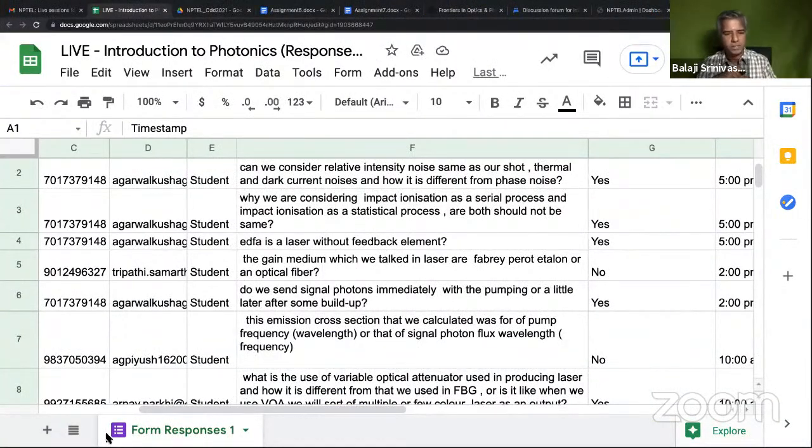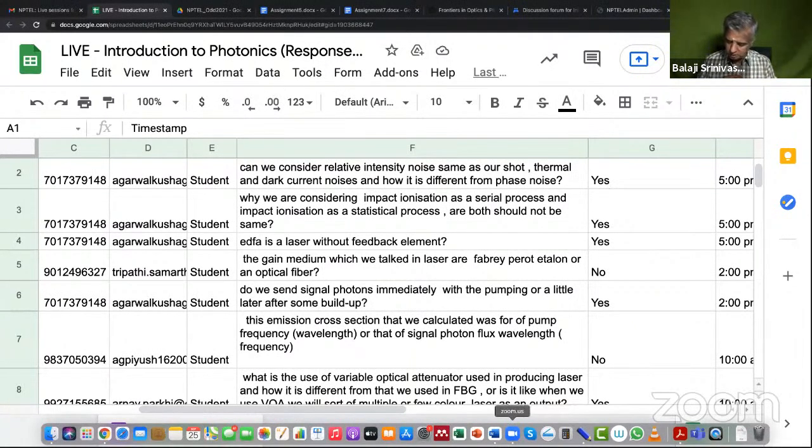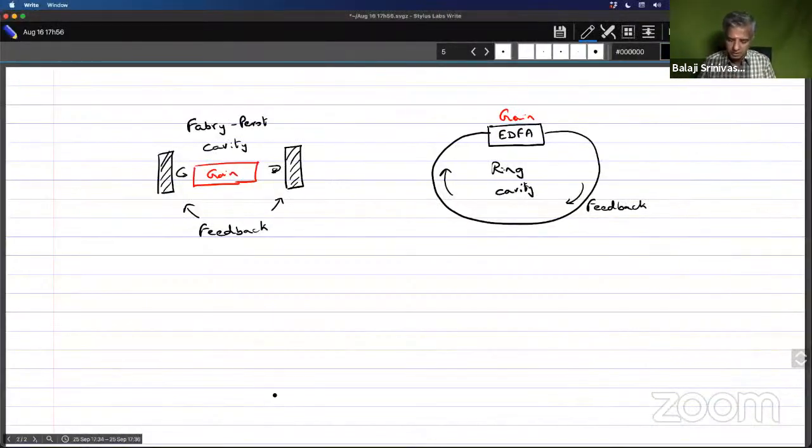Then the next question is, do we send signal photons immediately with the pumping or a little later after some buildup? Okay, so that's a good question. So let's come back here and try to understand. So I think the question is in reference with an optical amplifier.